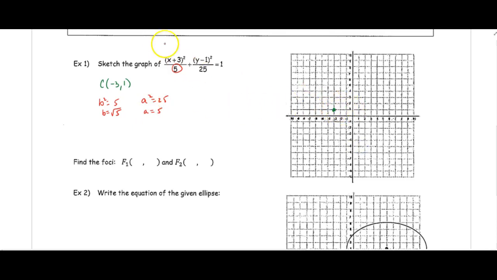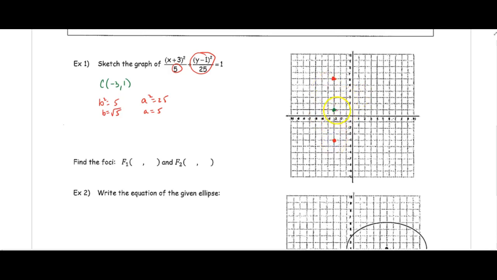So from here, I know 25 is under the y. So I know the vertex is going to be on that major axis, which is above the center. So we're going to go from here up 1, 2, 3, 4, 5. Down 1, 2, 3, 4, 5.